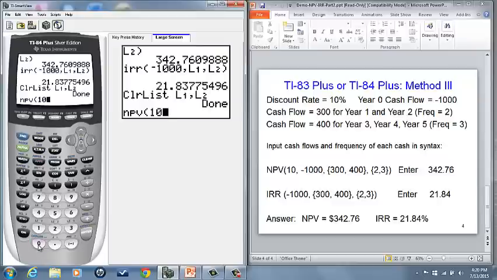The discount rate 10, comma, negative 1000, comma, and then we use curly brackets to input the cash flows.